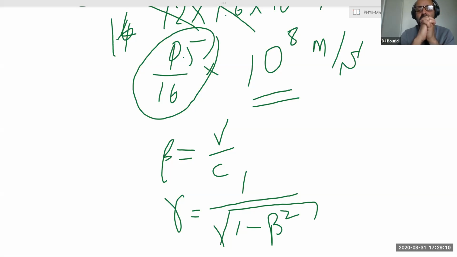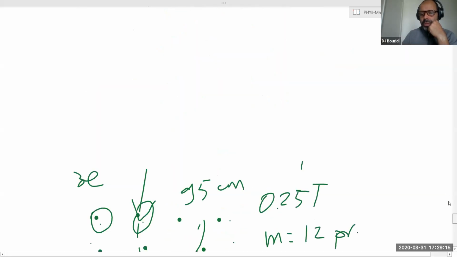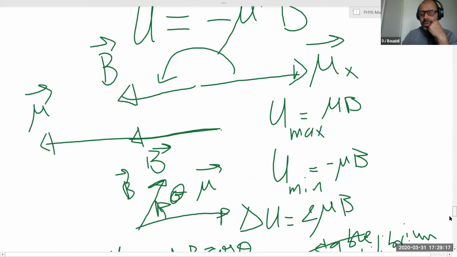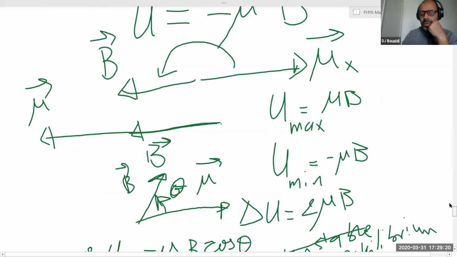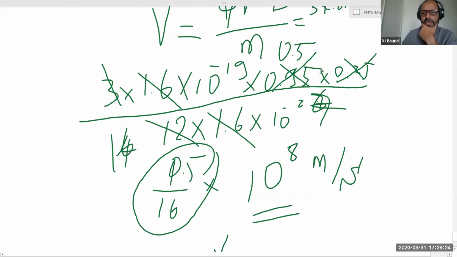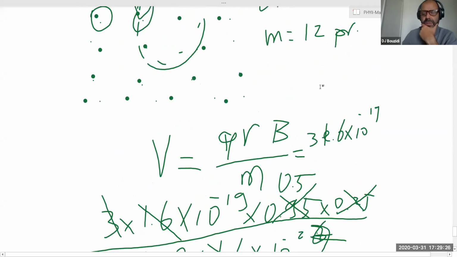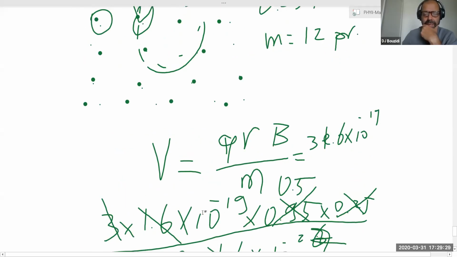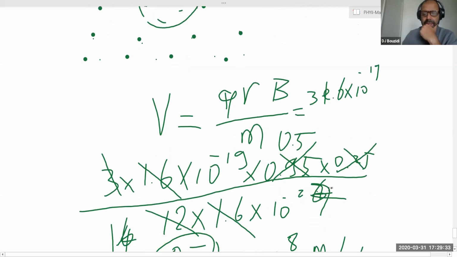If somebody throws in nonsense numbers, like a huge magnetic field of 100 Tesla or 1,000 Tesla instead of 0.25, or a radius that doesn't make sense, this number will end up being much higher than it should be.